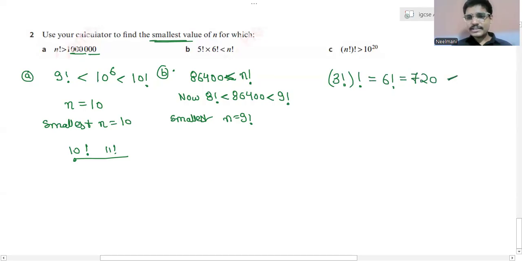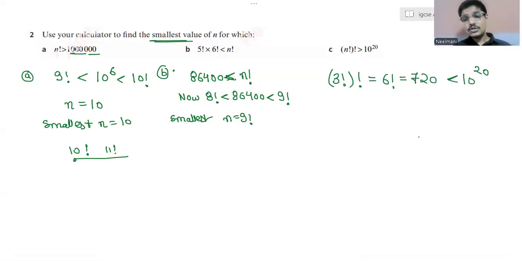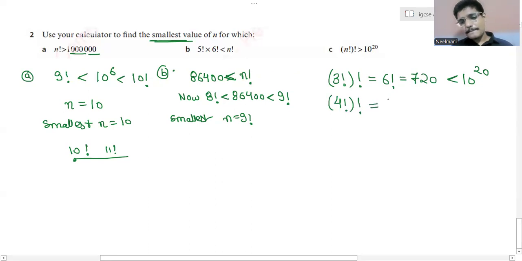Now 720 is actually less than 10 to the power 20. You want a number which is more than 10 to the power 20. Correct? So let's try another number. Let's take 4. So 4 factorial is 24. What is 24 factorial? Now, this is a very big number.